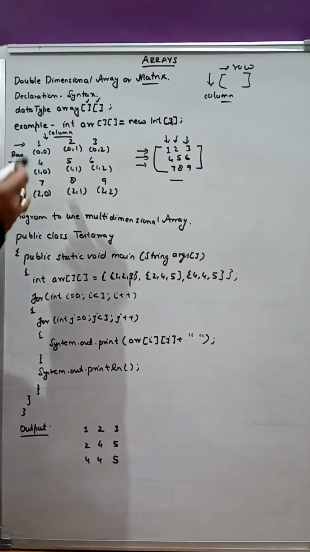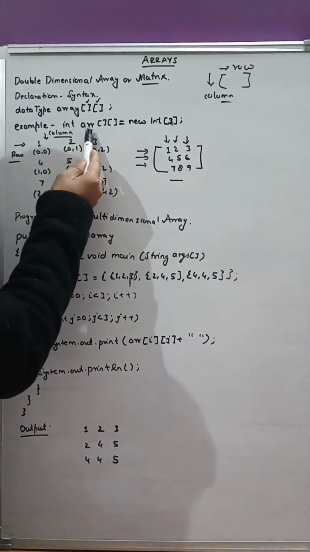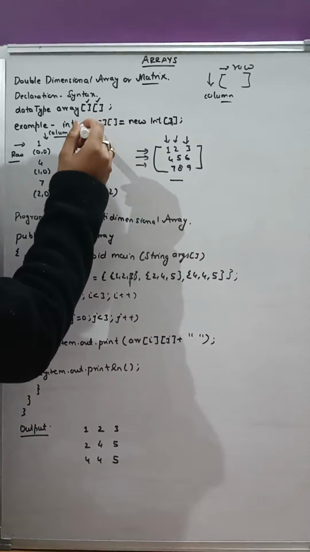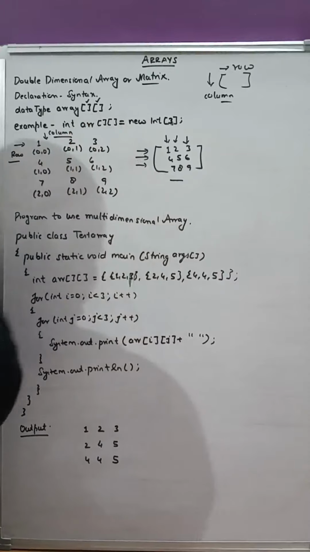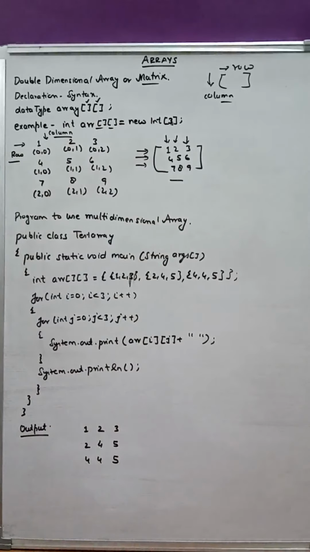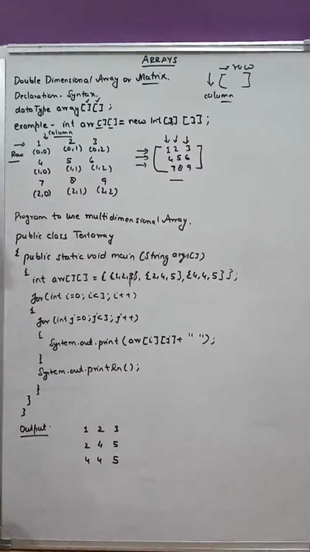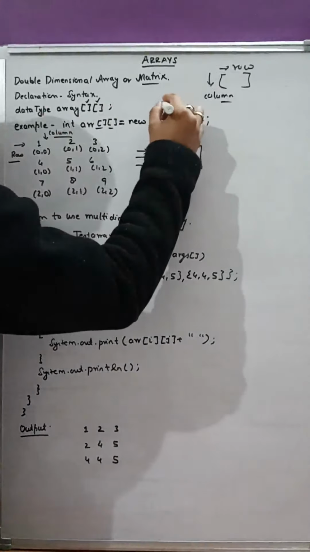For example, I have written int arr. This arr is an array in the form of a matrix, because you have 2 pairs of square brackets. The first bracket defines the row, and the second bracket defines the column.